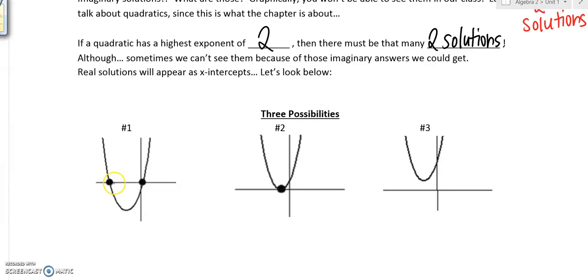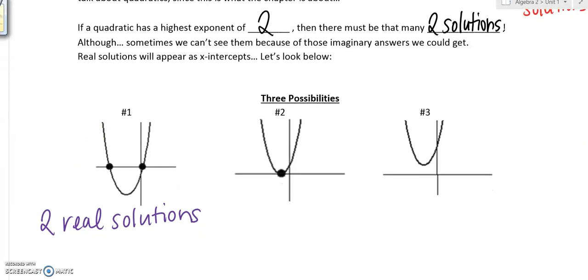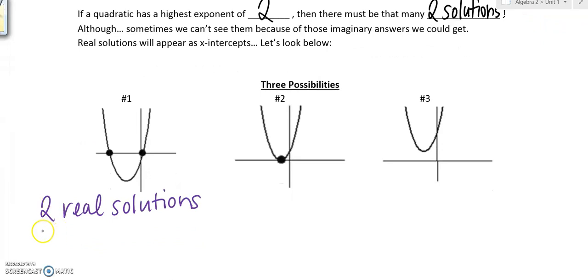In possibility number 1, I see that I have 2 spots where my parabola crosses the x-axis. That means that this graph has 2 real solutions. And remember, a parabola can only have 2 solutions at the most. So let's write down that it has 0 imaginary solutions.